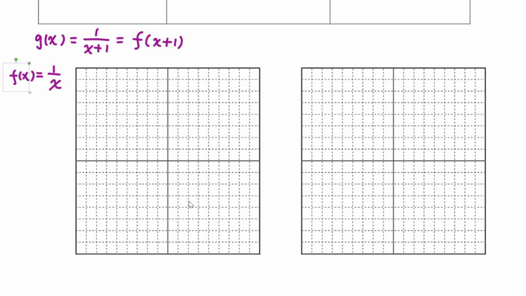So it's 1, 2, 1, 2, x, y. Then negative 1, negative 2, negative 1, negative 2, 0. So the point is negative 2 sub in is negative 1 over 2. Negative 1 sub in to f at x is negative 1. Then negative 1 over 2 sub in is negative 2.